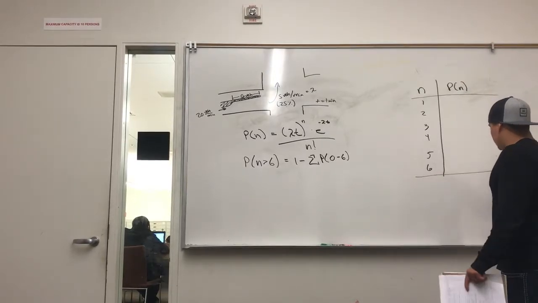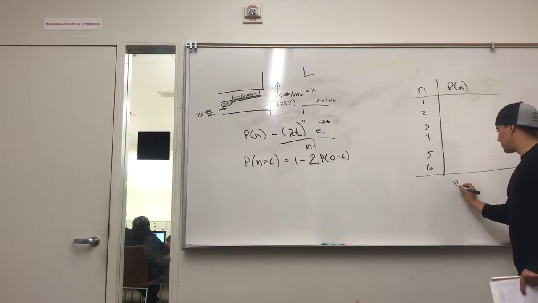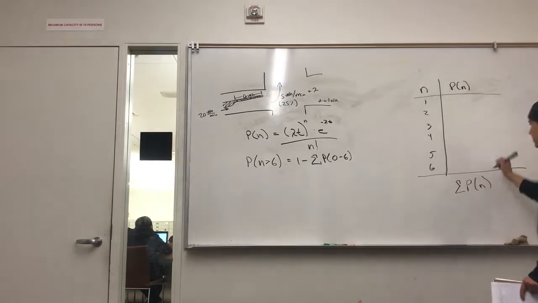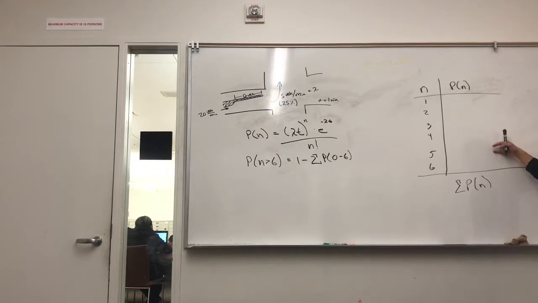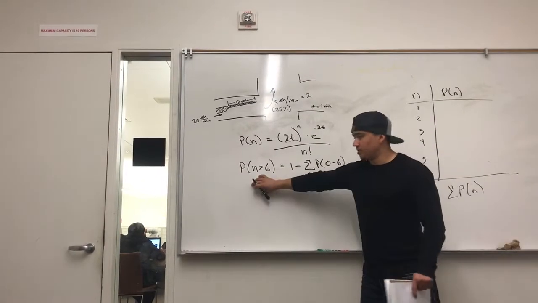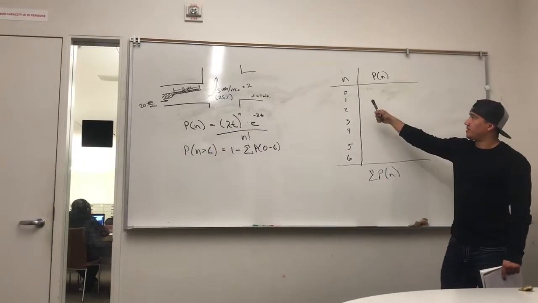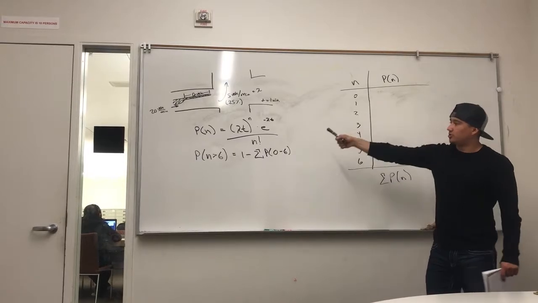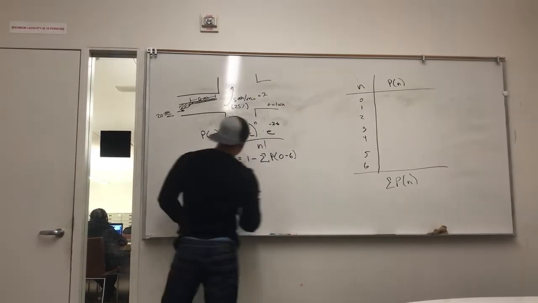And at the very end, we will get the sum of all our P of n's to plug back into here to solve for the probability. So you get your n and each value you're going to plug into your Poisson's formula.